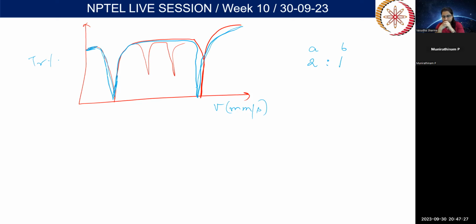The blue shaded region of peak is 2. Red shaded region of the peak is 1. So this one is the A type and this one is the B type, right?